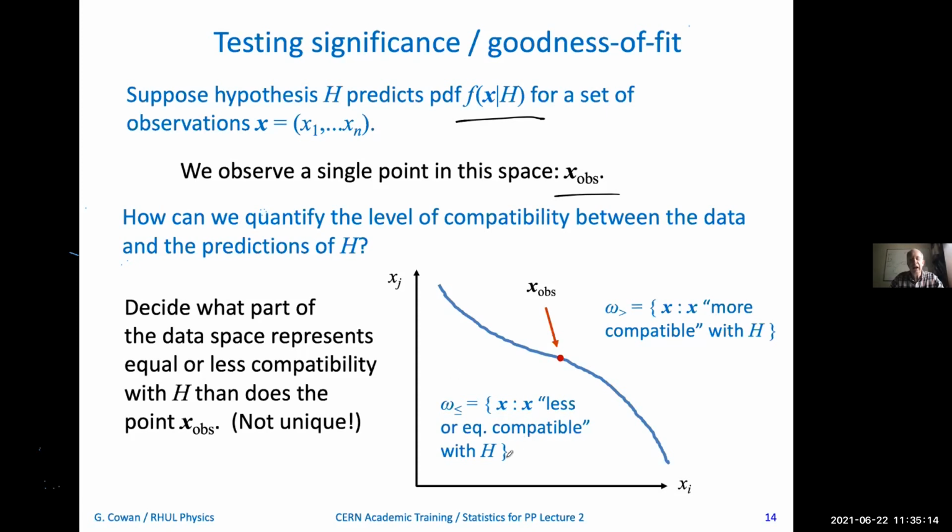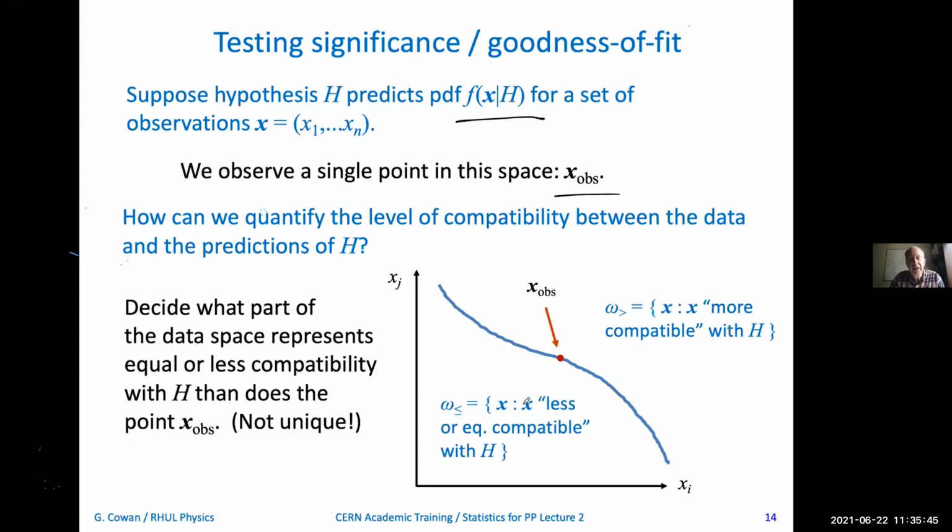And here in the lower left, I've called that region omega less than or equal to, and that's the set of X values that are deemed by the analyst to be less or equally compatible with the predictions of H. And by construction, this boundary runs through the observed point. It includes the observed point, and the boundary is considered to be part of the less or equal part, omega less than or equal to.